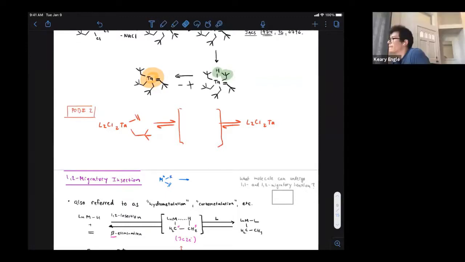So as a hint, what happened in the previous problem when we had this tantalum alkyl?